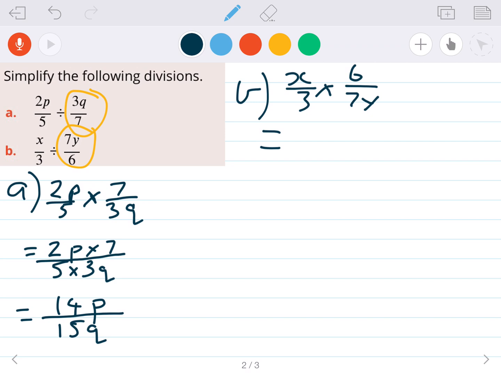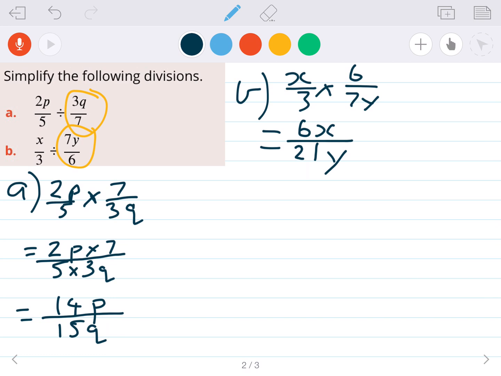So then this one here, we do x times 6, so that's 6x, and then 3 times 7y, so 3 times 7 is 21y. Okay, so just make sure that this can't be simplified any further.